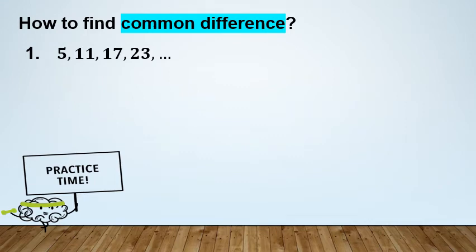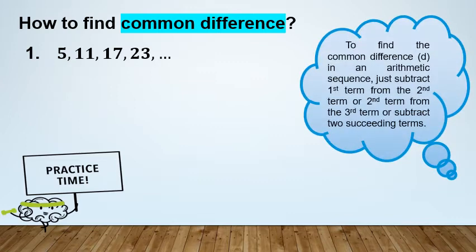Number 1, 5, 11, 17, 23. Paano natin kukunin ang common difference? So, to find the common difference, d, in an arithmetic sequence, just subtract first term from the second term or second term from the third term or subtract two succeeding terms.